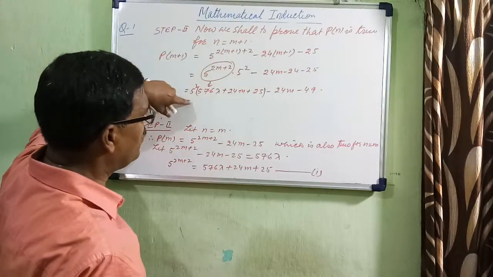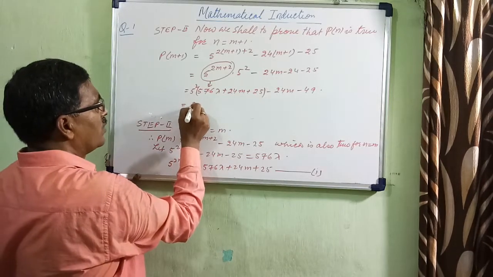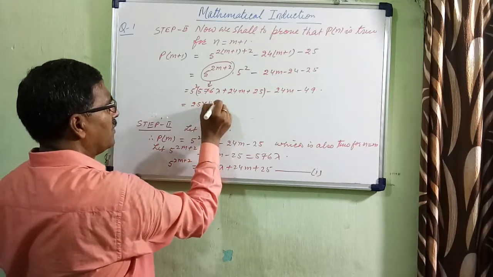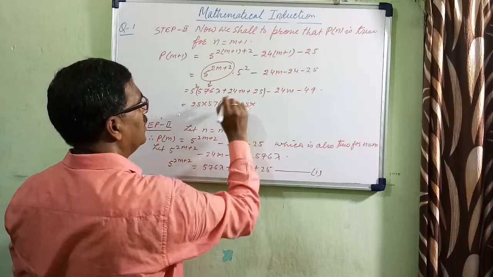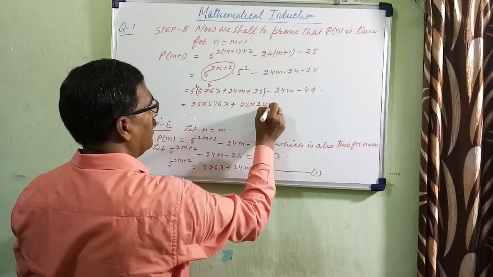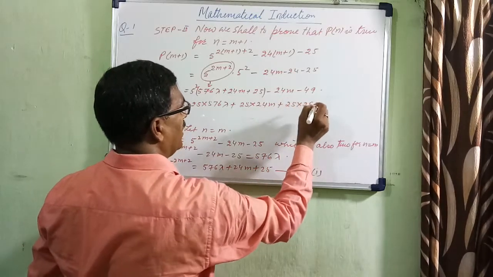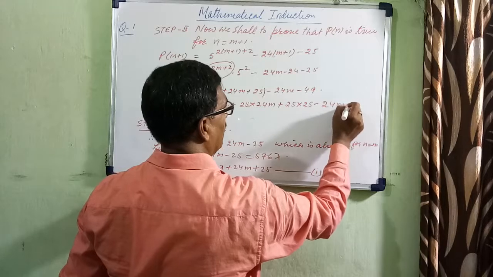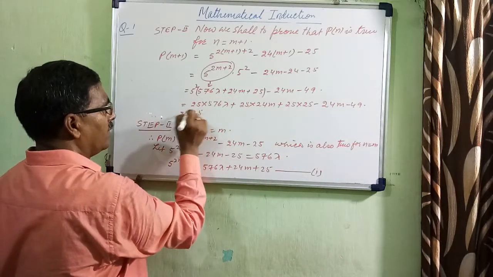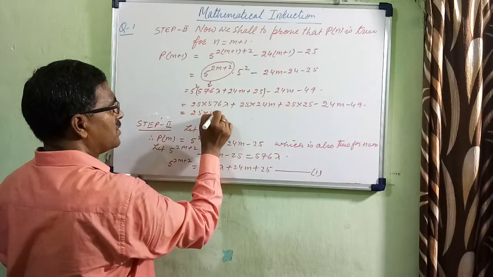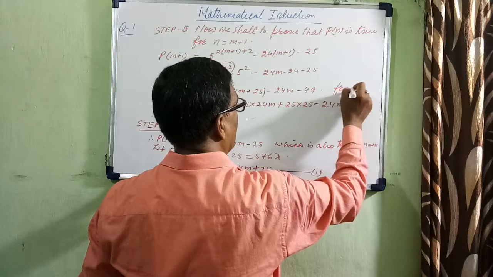So you multiply: 25 into 576 lambda plus 25 into 24m plus 25 into 25 minus 24m minus 49, and for the 25 into 576 lambda, whatever value I have substituted, you can write from equation 1.